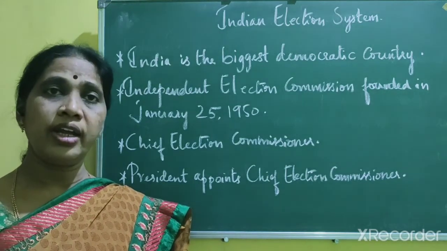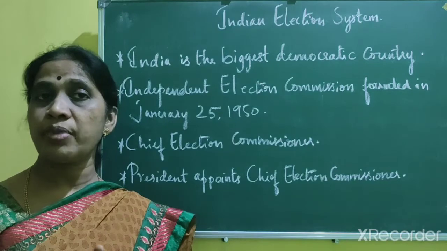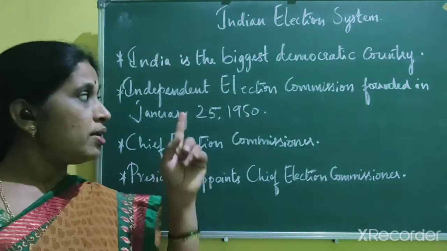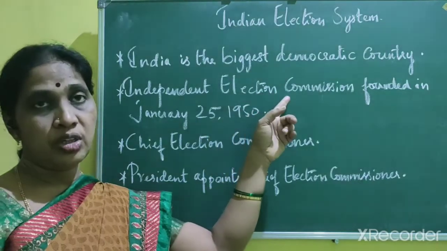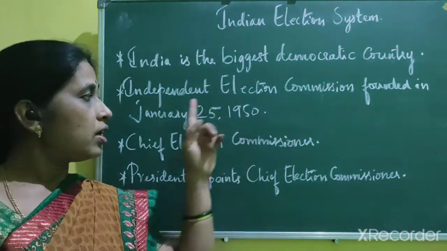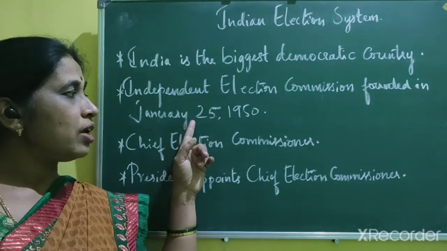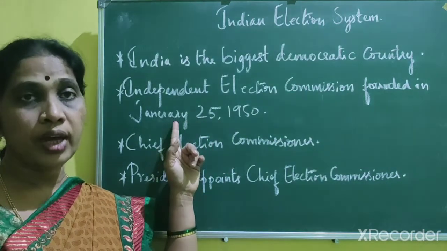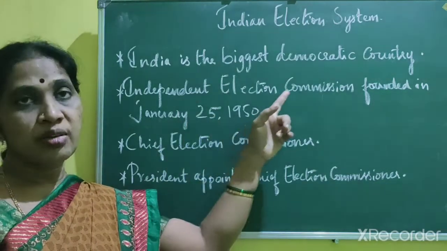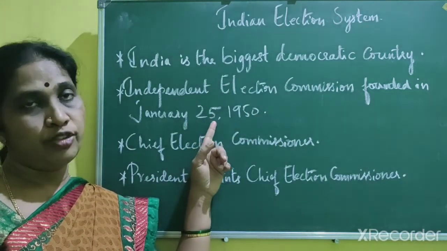Accordingly, Part 15 of the constitution speaks about the independent Election Commission. The Election Commission was established in the year 1950, on January 25th, for fair and independent elections in India.